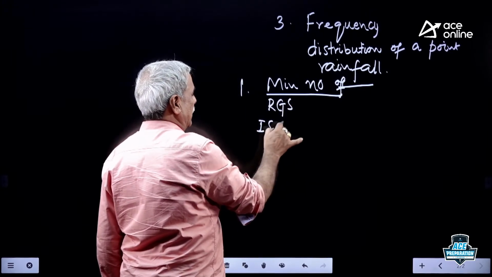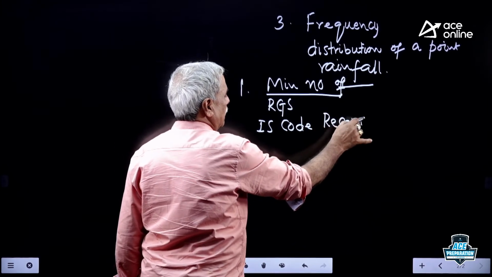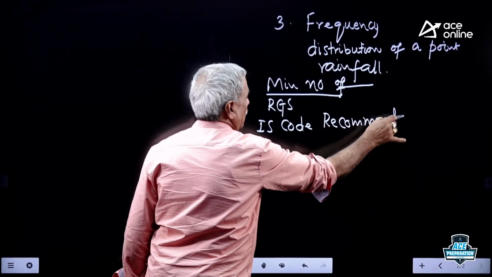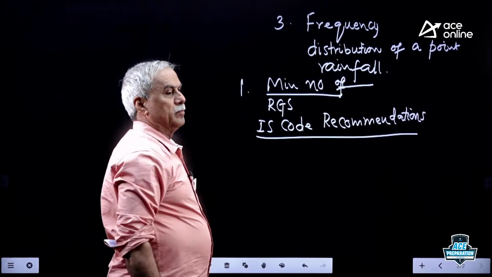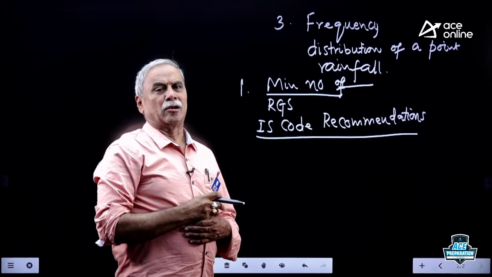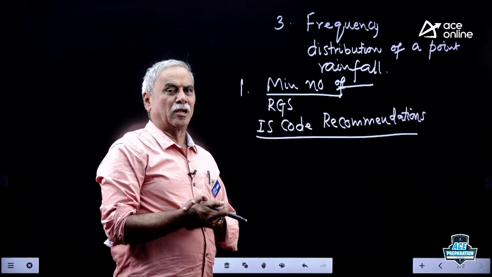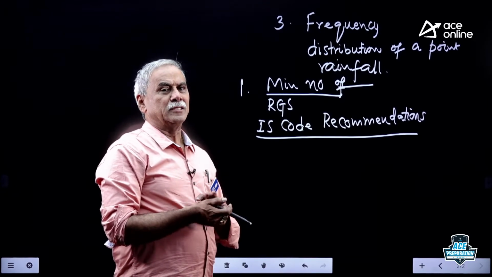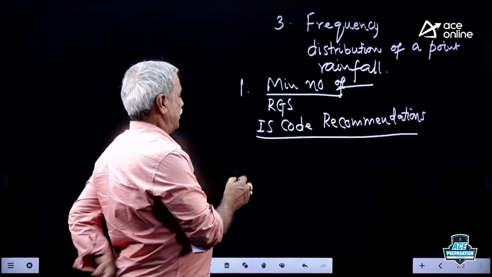Generally, we follow IS code recommendations. Even though World Meteorological Organization recommendations are also there, for the Indian scenario, we follow IS code provisions.